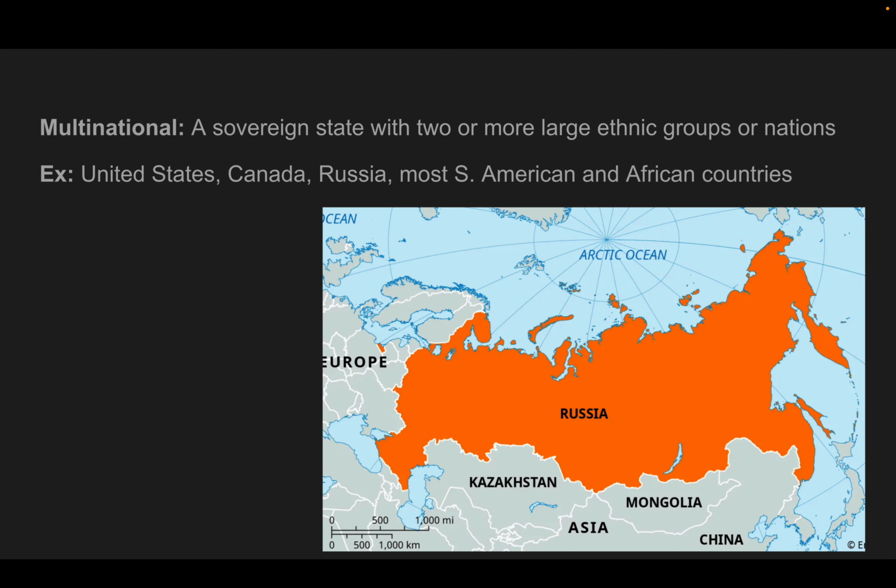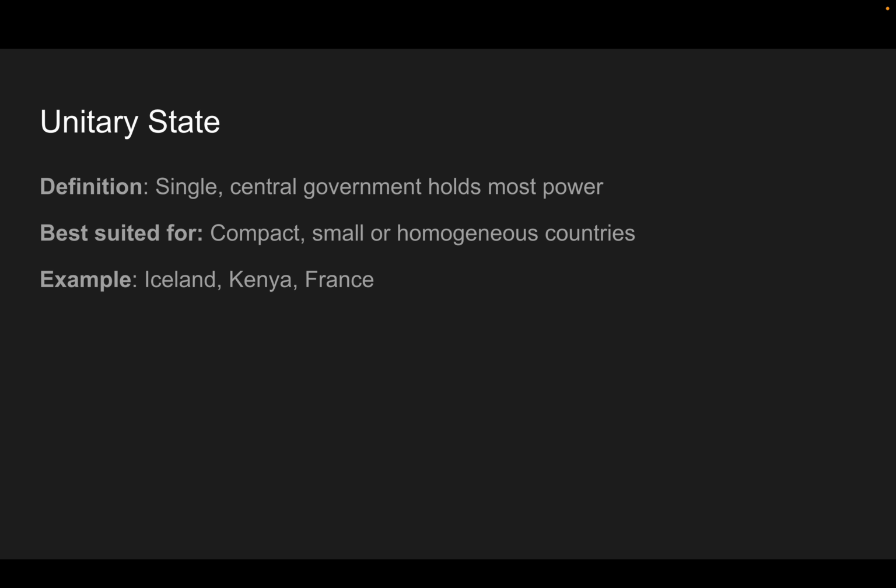Okay? All right, moving on to the types of governments that countries will have. Some countries have a unitary state, and the definition of this is that a single central government holds most of the power. So it's a very centralized government system. It doesn't mean it's democratic. It could be democratic, some are.